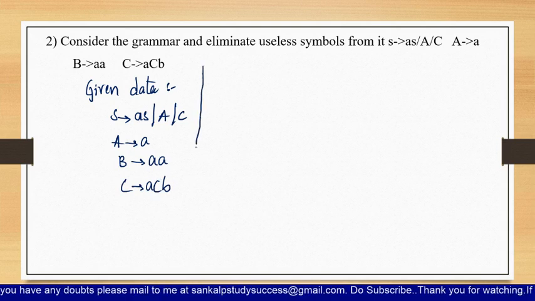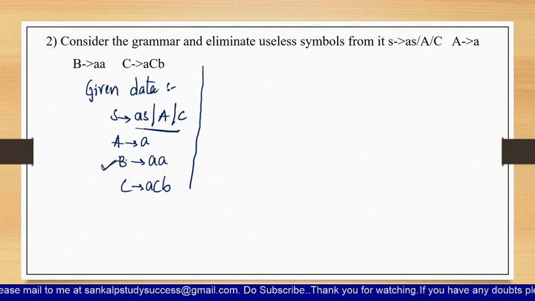Now let us see what the useless symbols are in this context-free grammar. First of all, from the start symbol there is no B here. That means B is not reachable from the start symbol.